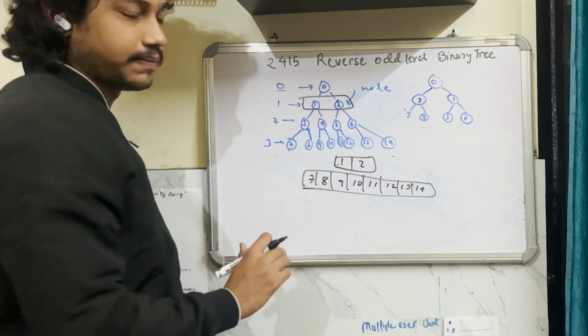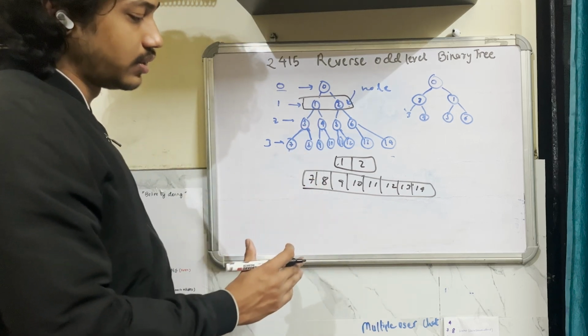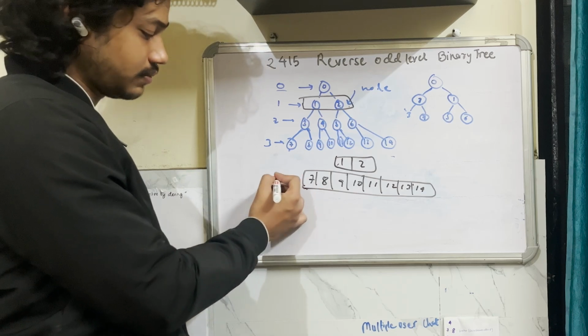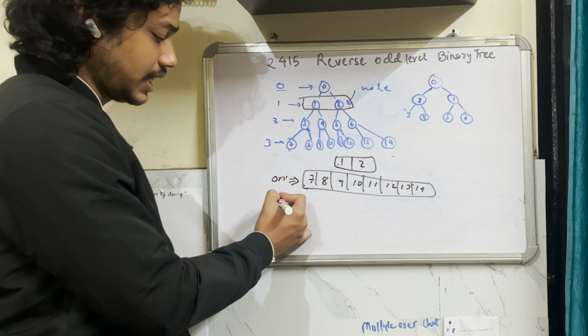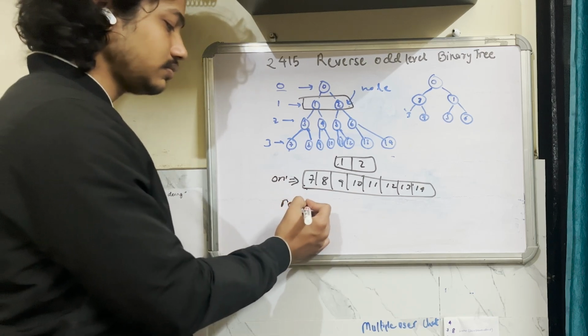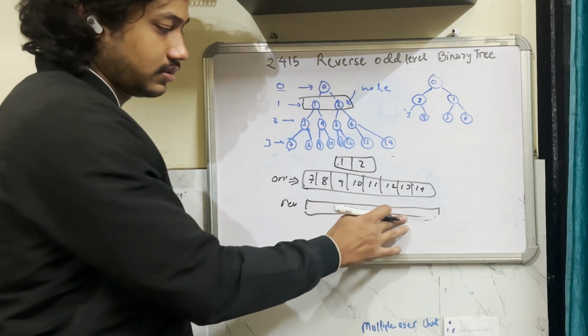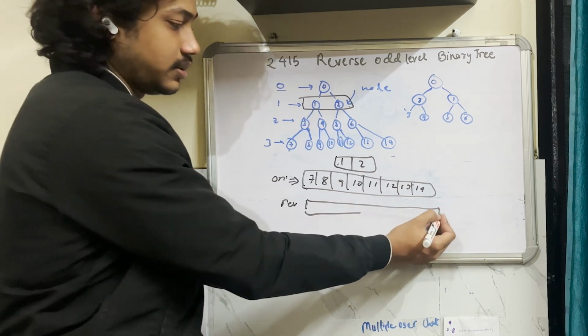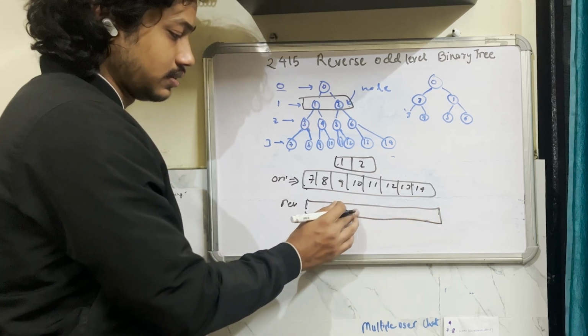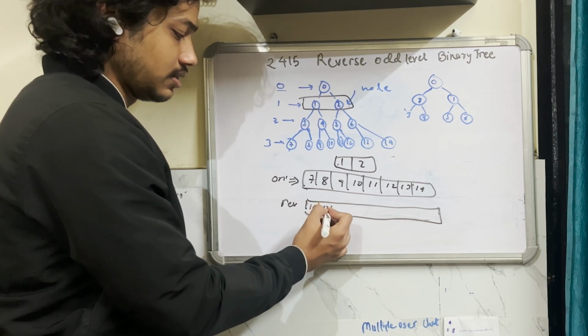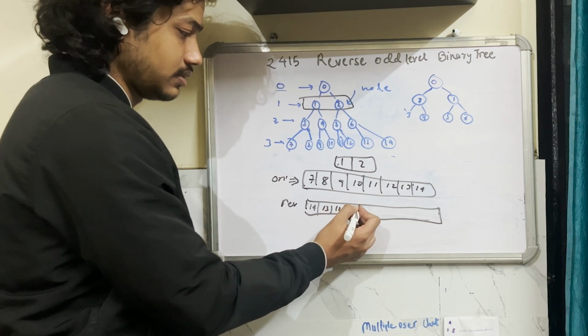If we look closely, this is your original value, and after reversing, I hope this part is also visible. So if you reverse it, basically you will have this.